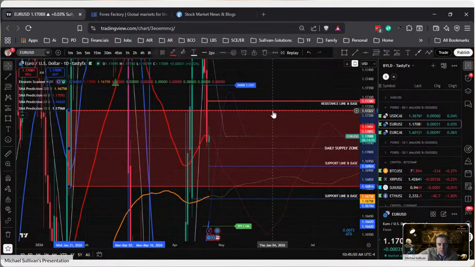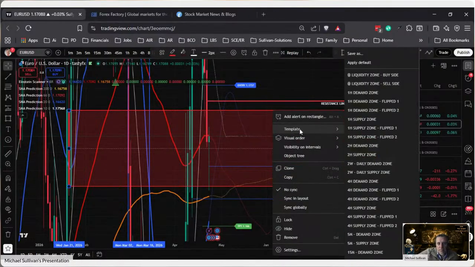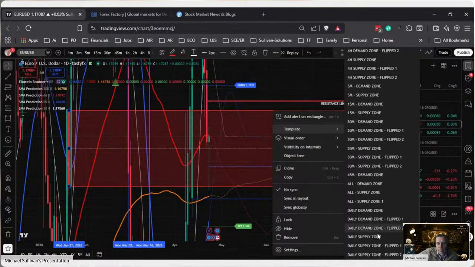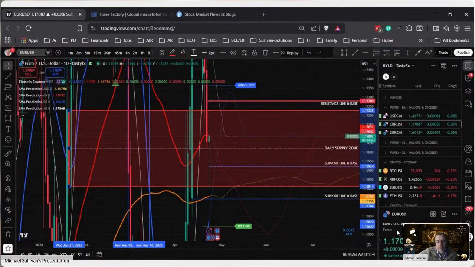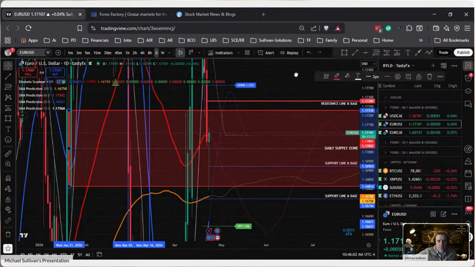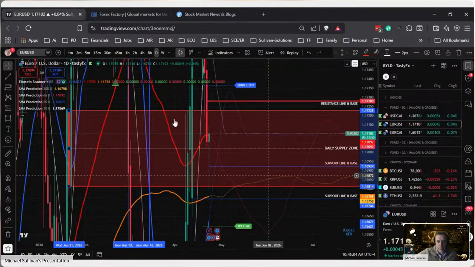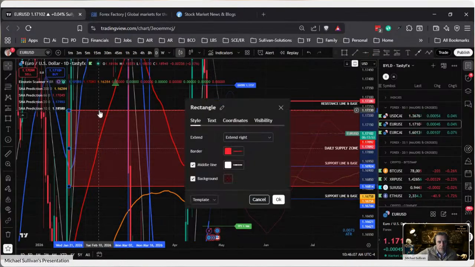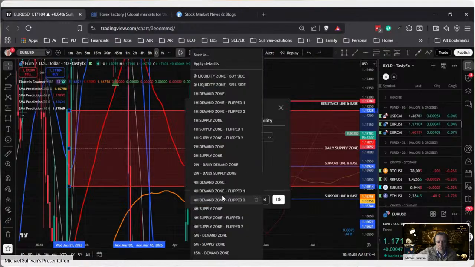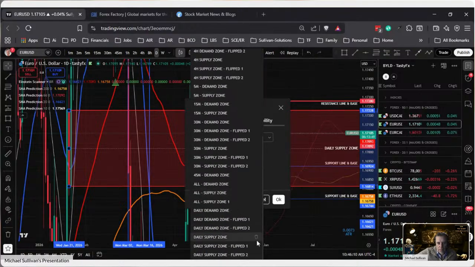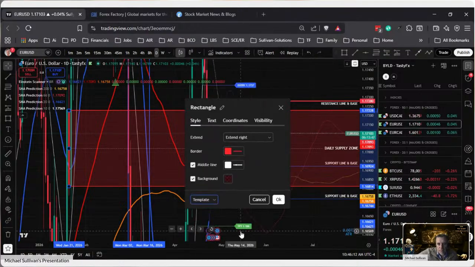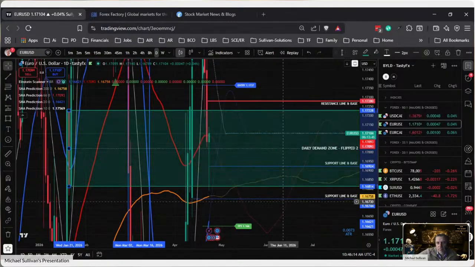So this is a demand zone flip 2. Daily demand zone flip 2. There we go.